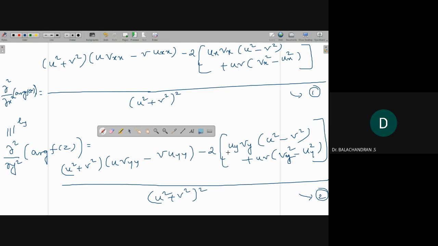From here minus 2 is common, and here the first term u square minus v square is common, u x into v x plus u y into v y. Here u v is common, v x square minus u x square plus v y square minus u y square. I can easily tell, but if I write, it is a little bit difficult because I need to go to the next page.